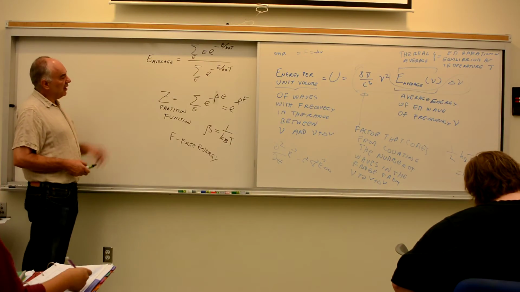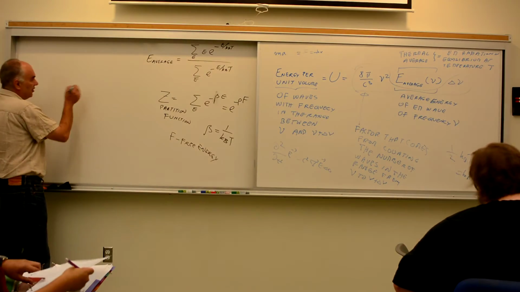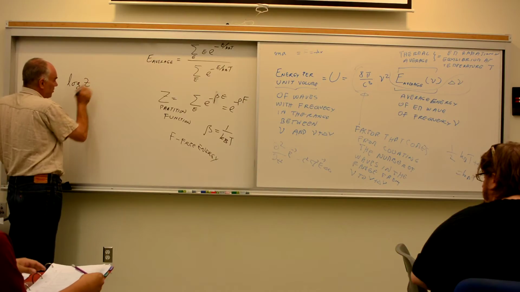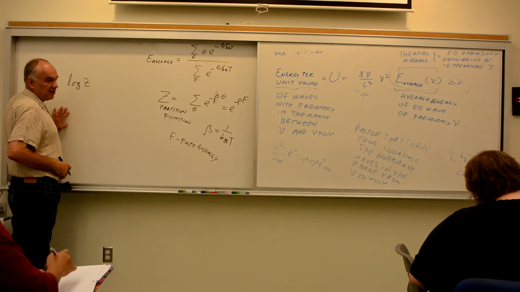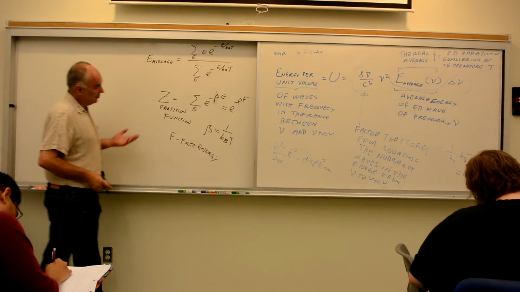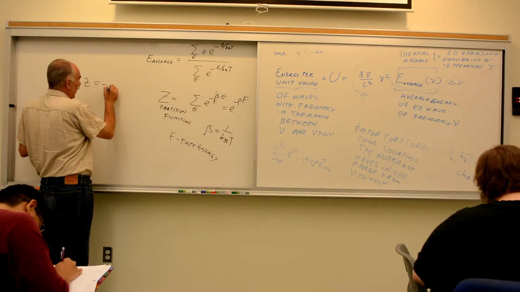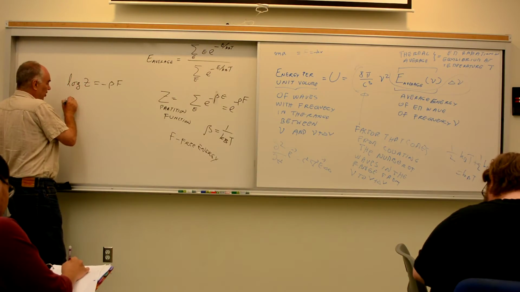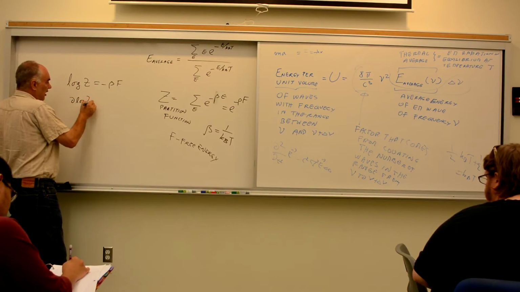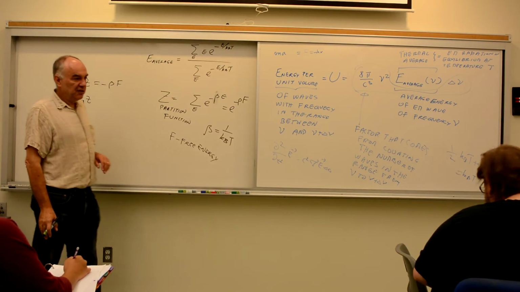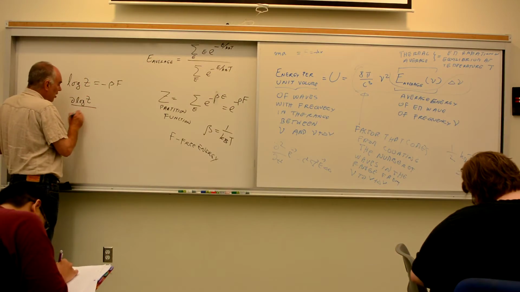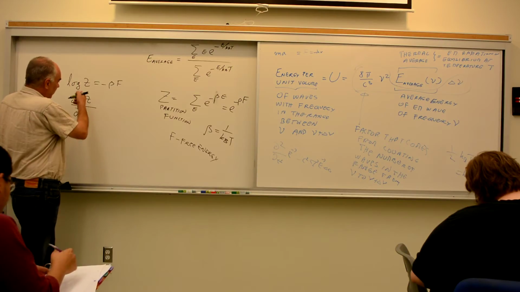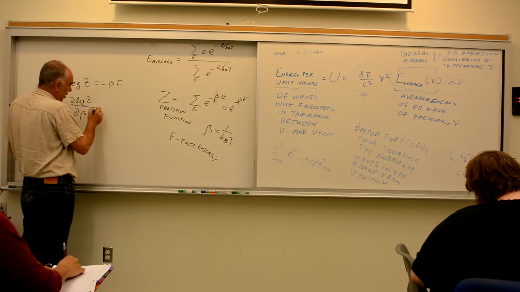So, if you want to calculate the average E, consider the logarithm of the partition function, which happens to be minus beta F. Now take the derivative of the logarithm, and the logarithm for me is a natural log, with respect to beta.